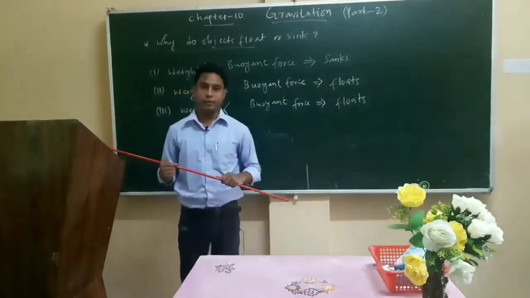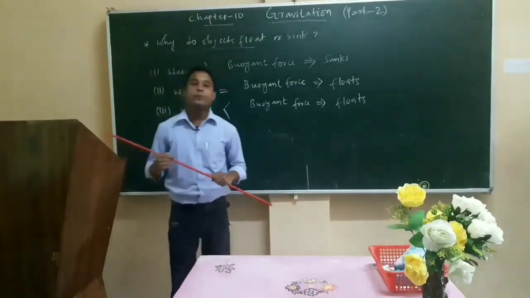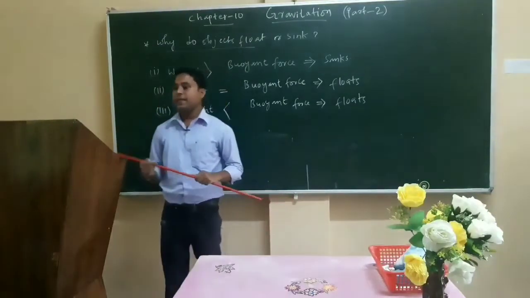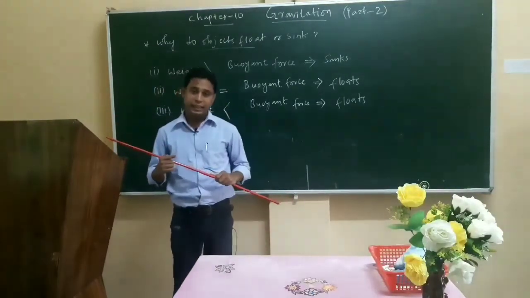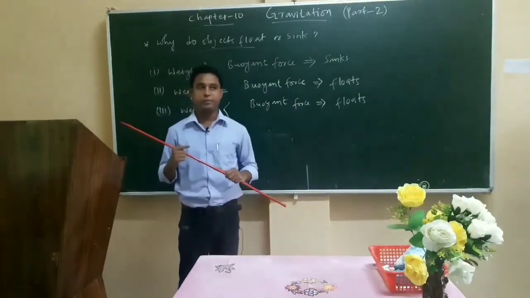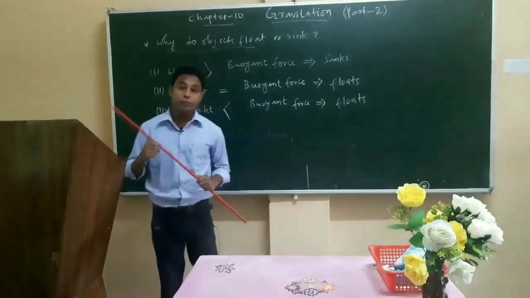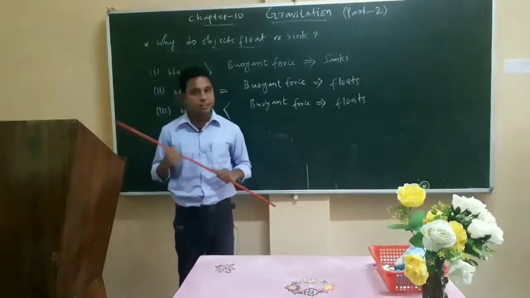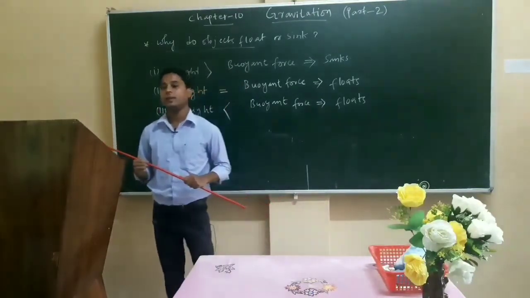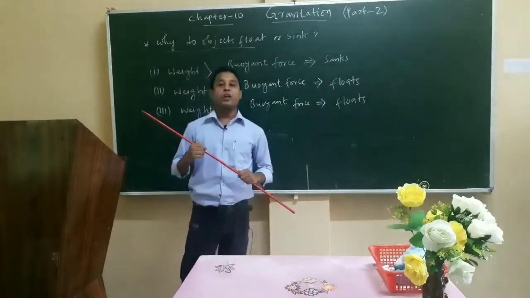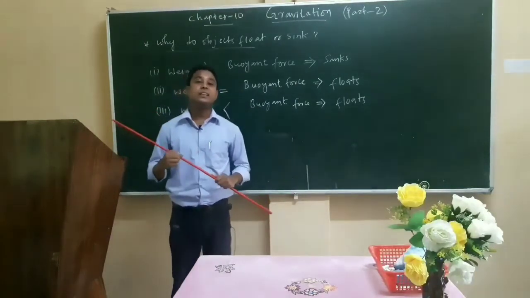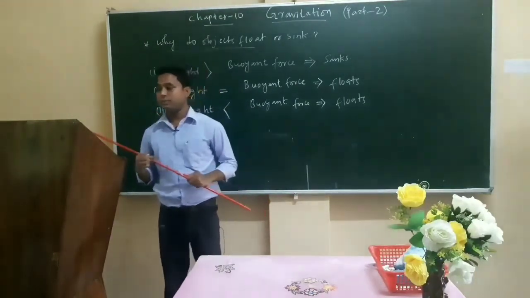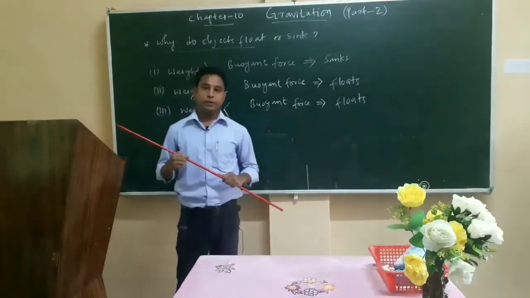Clear? Now we can tell whether an object floats or sinks in a liquid by comparing its density with that of the liquid. Keep it in your mind. An object will float in a liquid if its density is less than that of the liquid. An object will also float if its density is equal to that of the liquid.